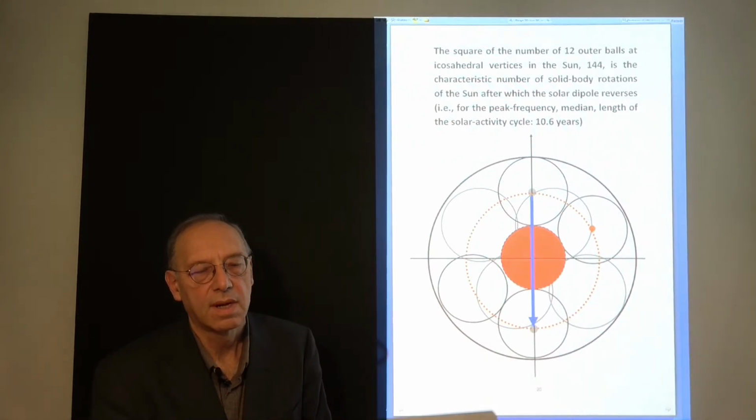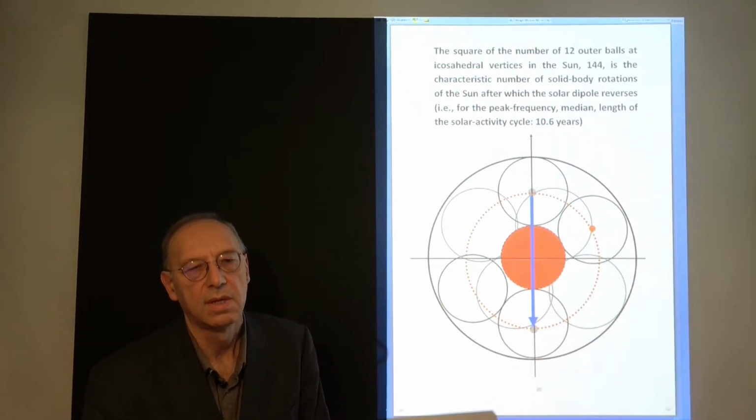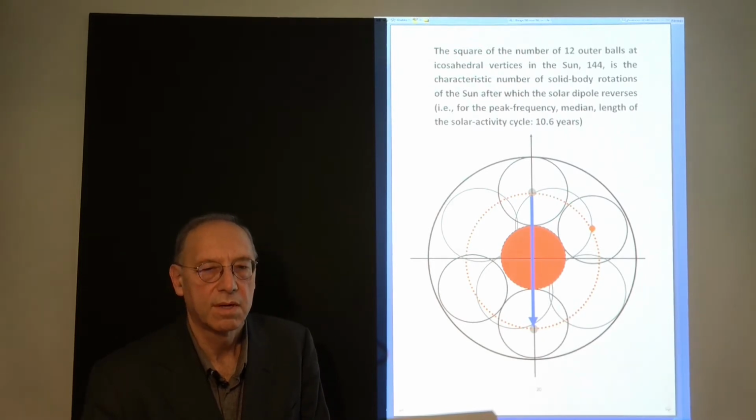Over this length of time, the ball performs exactly 144 solid rotations, and it happens to be the square of the number of balls that are involved in this rotation according to the suggested arrangement.